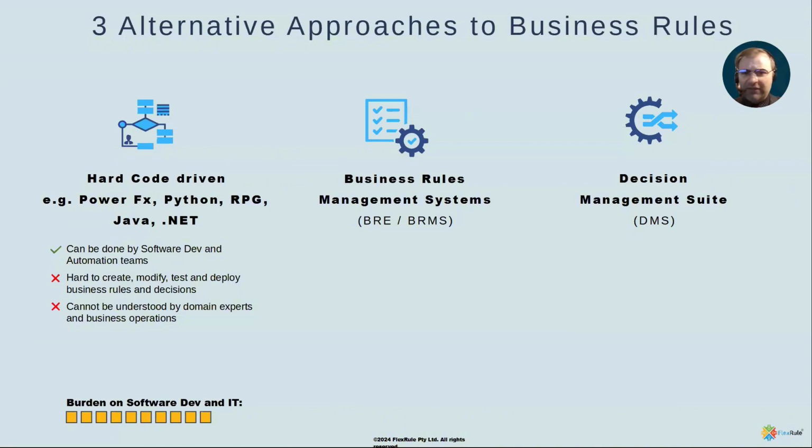IT teams might lack the necessary expertise in a particular domain, for example, claims or underwriting. It could lead to miscommunication and the need for additional back and forth. It increases the time, effort, and resources required to implement the changes correctly.